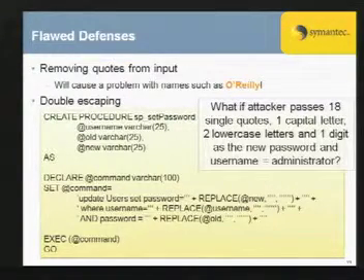Basically, the old password is going to be truncated and no longer part of the query. In other words, you can replace the old password for the administrator with a new one without knowing the old password. Very interesting attack.